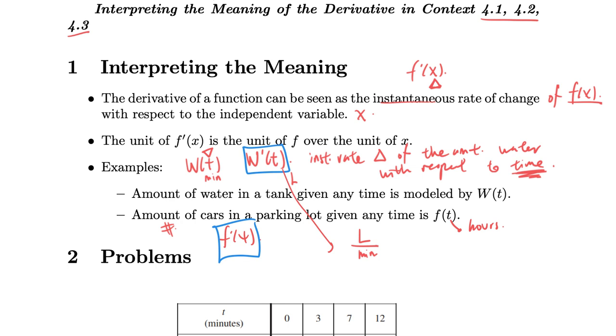One way we can think about this intuitively is W gives you the amount of water in the tank, the volume, and W prime of t tells you how rapidly this water amount changes, and that would be how many liters per minute. Then for f prime of t, the unit would be the unit of f, which is some number, over hours.